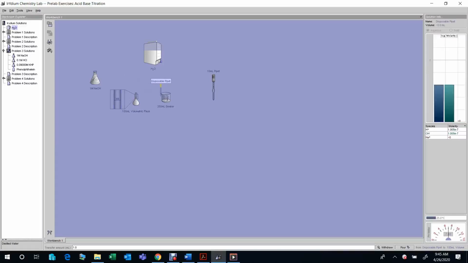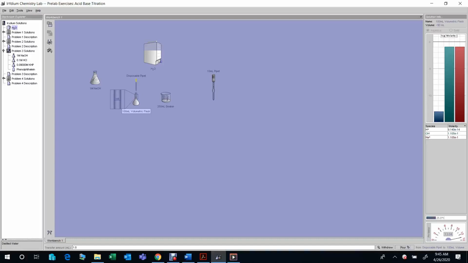Then we need to keep adding. 1.0, withdraw, 1.0, pour, withdraw 1.0 milliliter. You see for the accuracy we cannot put 1.00 because the pipette cannot reach that level. And then we do withdraw, and then we do pour.